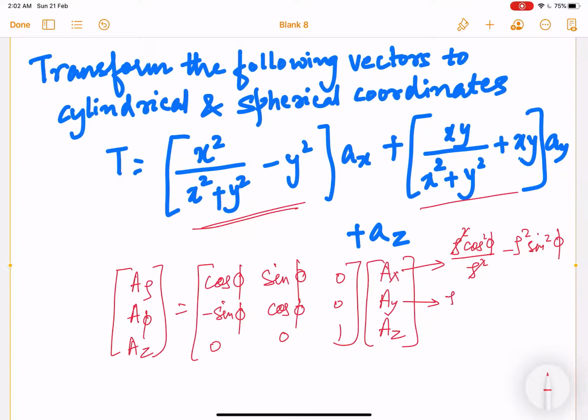Xy will be rho square cos phi sin phi, divided by rho square, plus xy, which is again rho square cos phi sin phi. This also cancels. Then what is az? It's just 1.